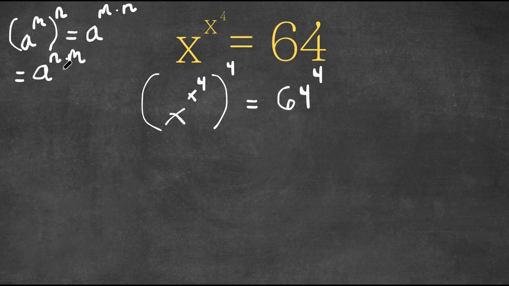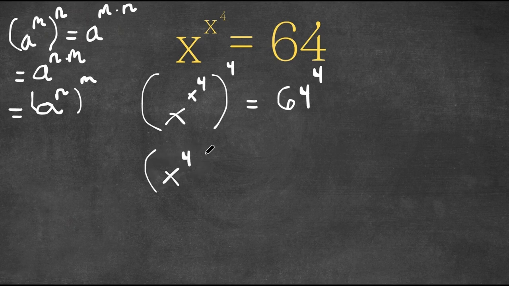Meaning I could rewrite this as a to the power of n to the power of m. So right here we have x to the power of x to the power of 4, to the power of 4. Think of x to the power of 4 as m and 4 as n. I could switch the places of these two, meaning I could rewrite this as x to the power of 4 to the power of x to the power of 4.